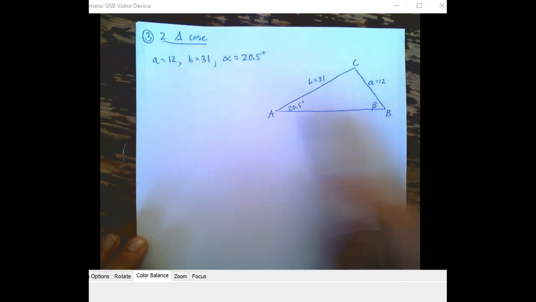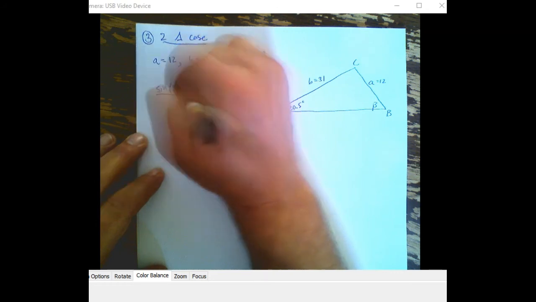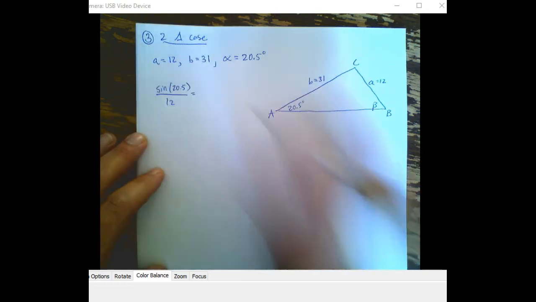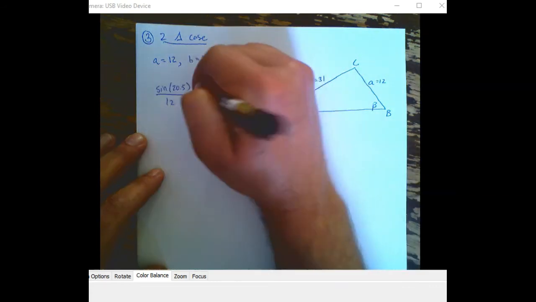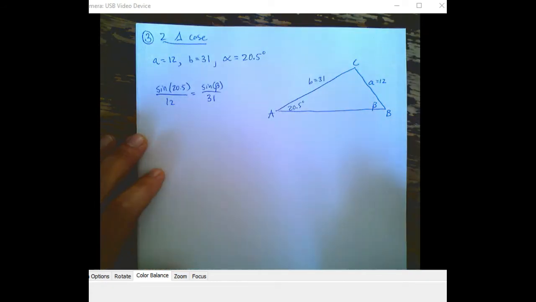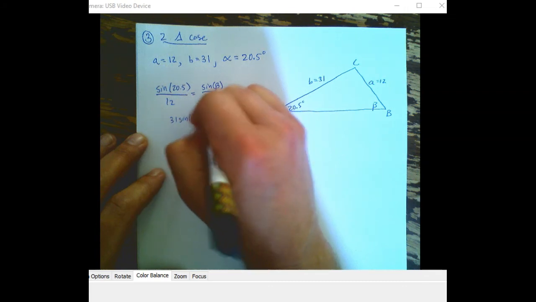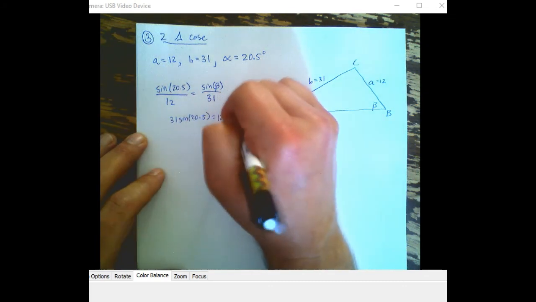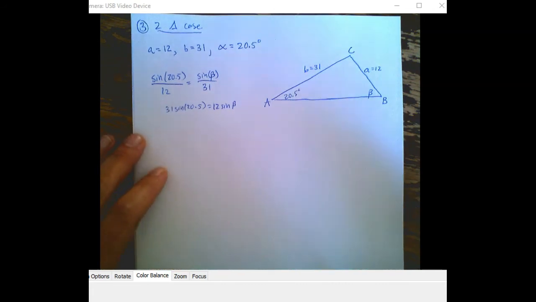All right, so let's go for our beta first. Sine of 20.5 over 12 equals sine beta over 31. Cross multiply. So 31 sine 20.5 equals 12 sine beta. And divide by 12.